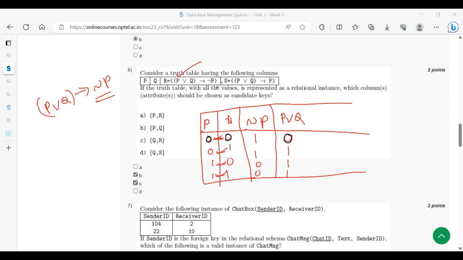Now, if you see P or Q implies negation P, what is the value of this one?